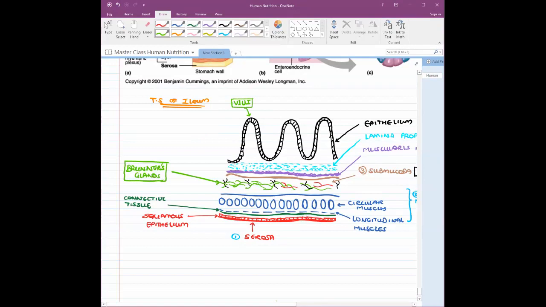Inside these villi, we require absorption, and for greater absorption, you are going to see blood vessels. This is going to be completely laden with blood vessels, as well as your lymph vessels, guys.